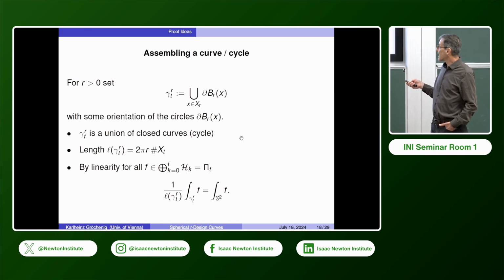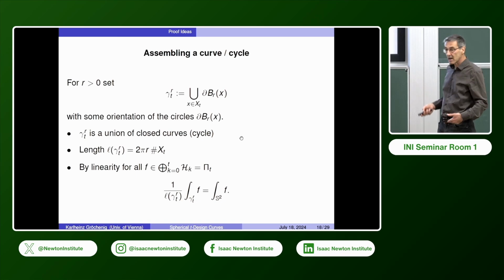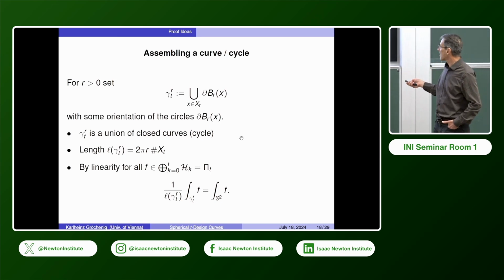Its length is the radius of each circle times the number of such circles. So it's r times the cardinality of such a t-design points. And for every f in this invariant subspace, you get 0 here. So if you take a sum, you get 0 on this side.